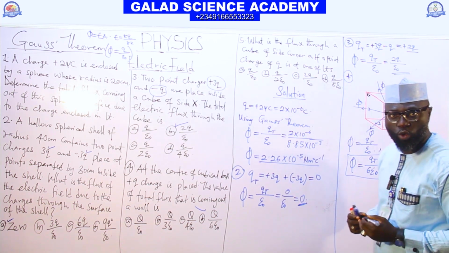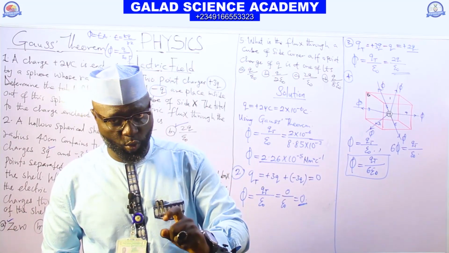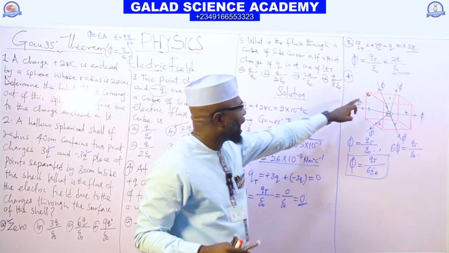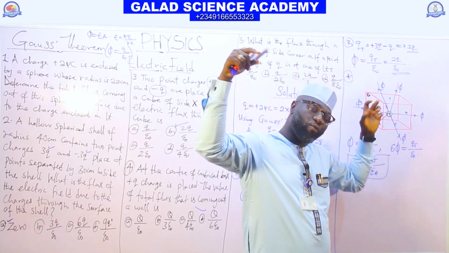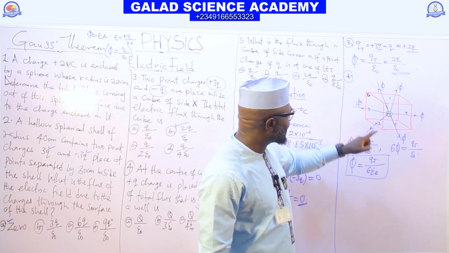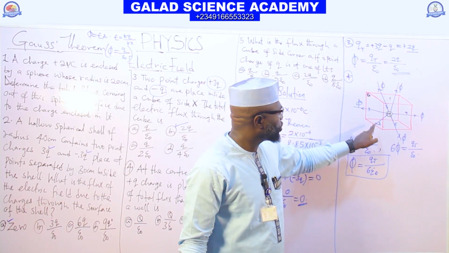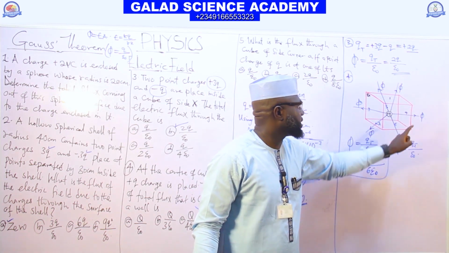So if you want to check it now, in a cube, how many corners do we have? The number of corners here would determine the flux in each corner. Check it. In this cube now, we have how many corners there? 1, 2, 3, 4, 5, 6, 7, 8.